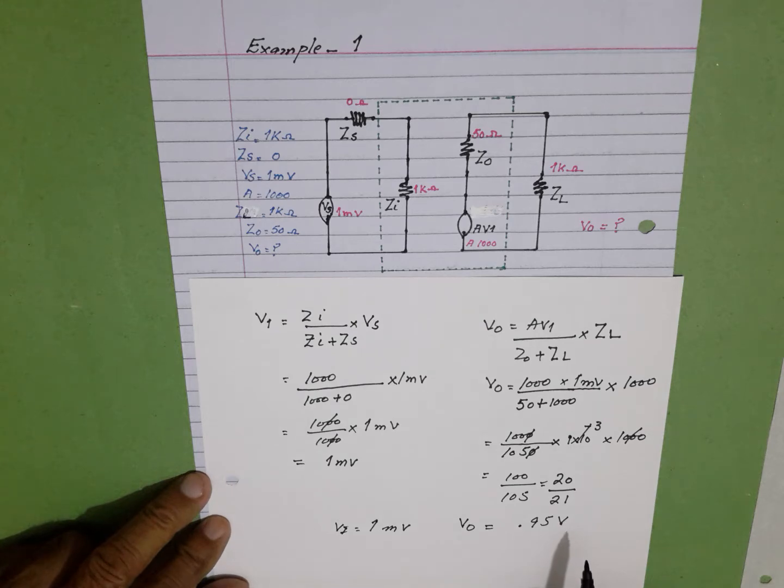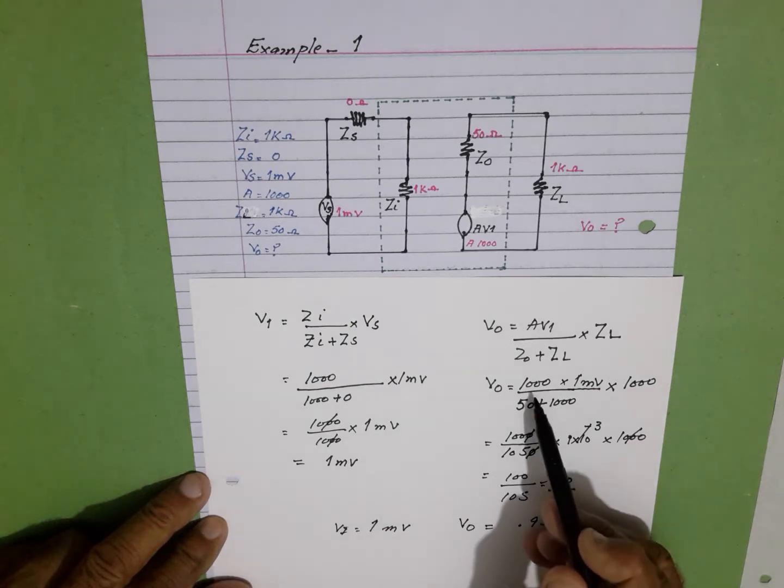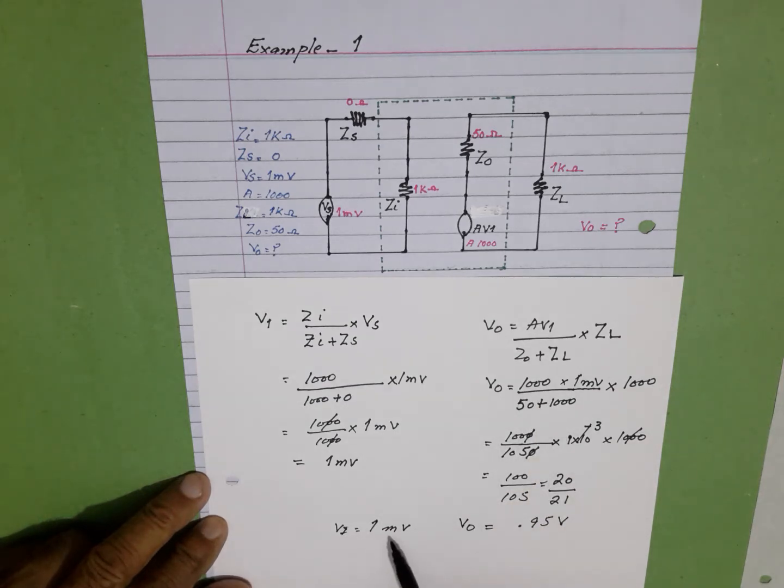Why? Because this is almost 1 volt. Since the gain is 1000, this input voltage of 1 millivolt has been amplified to almost 1 volt. See that a very small voltage in the order of millivolts has been amplified to almost 1 volt.